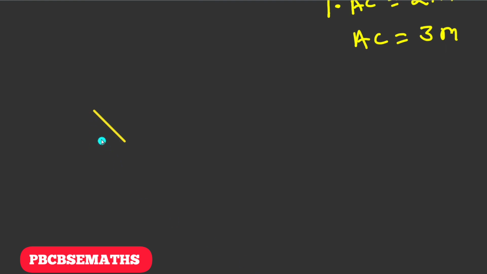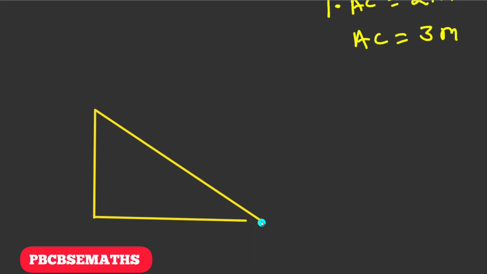Let's say this is the distance between the top and ground level of that slide, and let's say this is the distance between the foot of the slide and the base. Then let's say this is the length of that slide. So here I'm going to name it as P Q R.